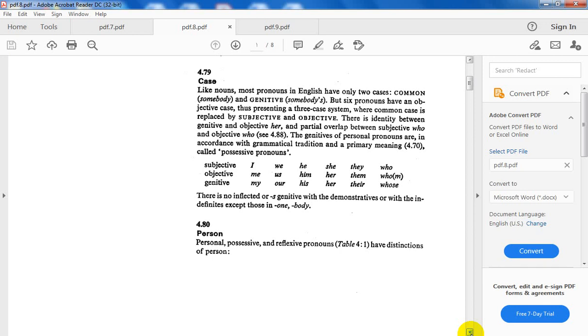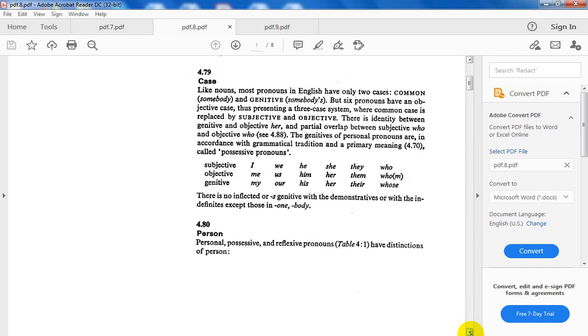Again, most pronouns have the common case like somebody and the genitive case like somebody's. Somebody, someone, somewhere, and their compounds are considered to be pronouns.